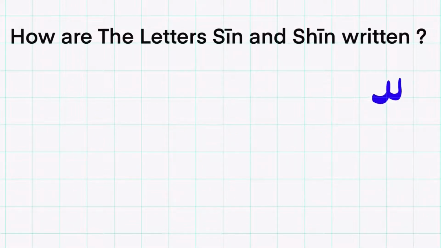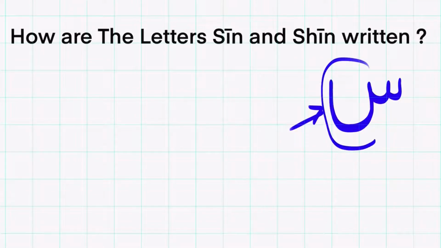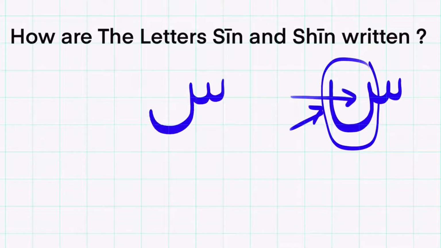If the Sīn letter is alone, at the end you draw what looks like almost a semicircle, most of which is below the horizontal line. How do you expect the Shīn to be like when it is alone? Very much like the Sīn letter, except for 3 dots on top.